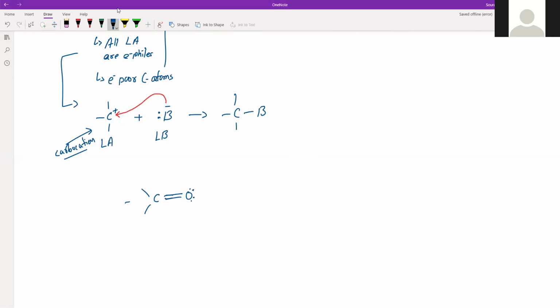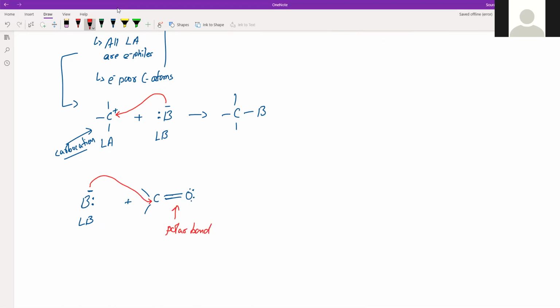Suppose this reacts with a Lewis base which has a negative charge. So this is our Lewis base. Now what will happen? This extra electron will try to move to this carbon. Why? Because this is a polar bond.